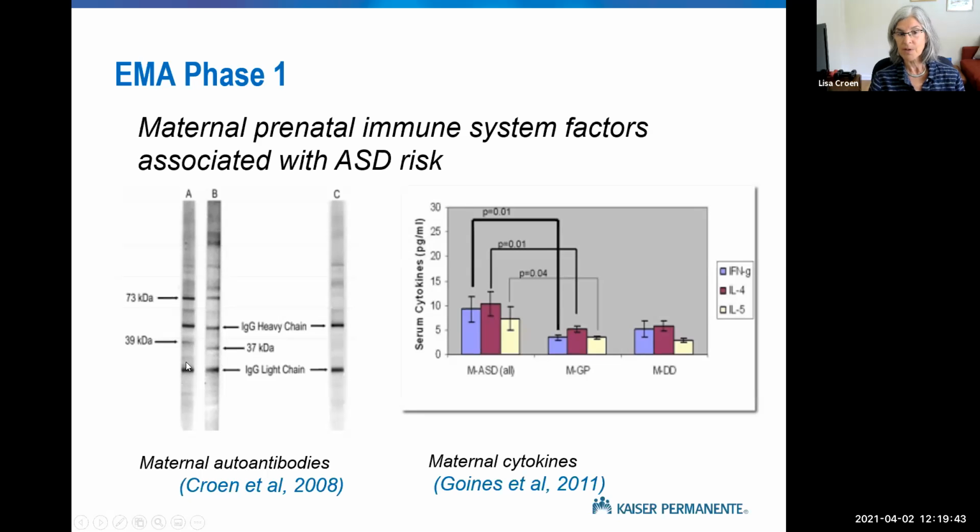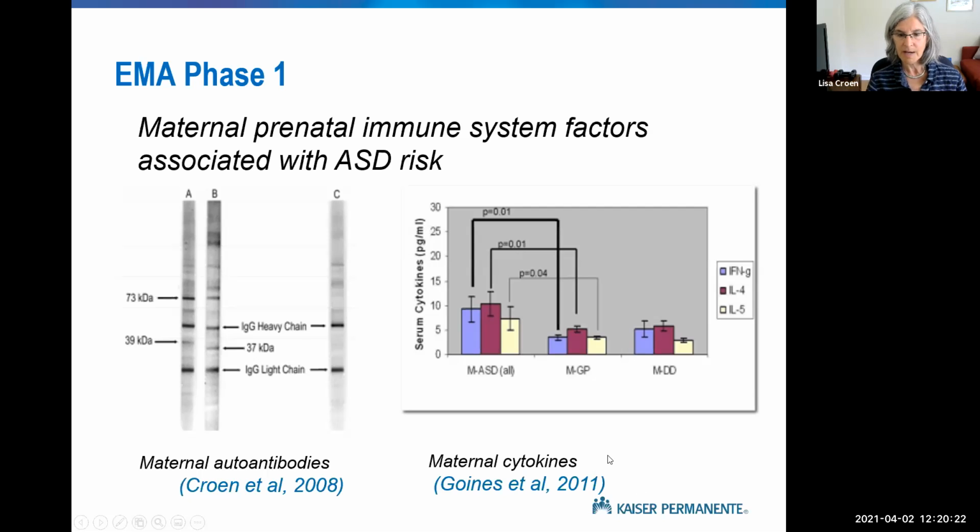This is the maternal antibody pattern, at the 39 kilodalton, 73 kilodalton, actually a combination. This A column is a mother of a child with autism, and B and C are references. You can see this is a different pattern. And this was found much more often in the mothers of children with autism than the control mothers. So that's one type of immune system finding that was very interesting.